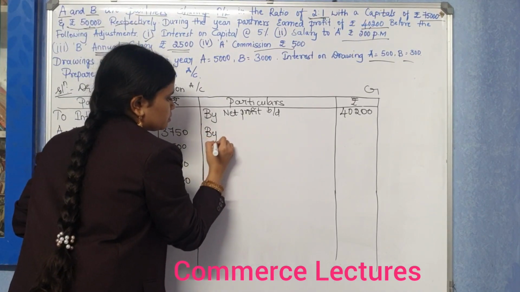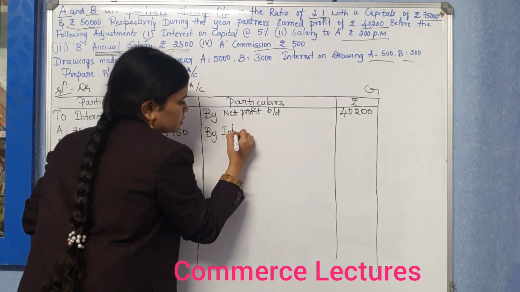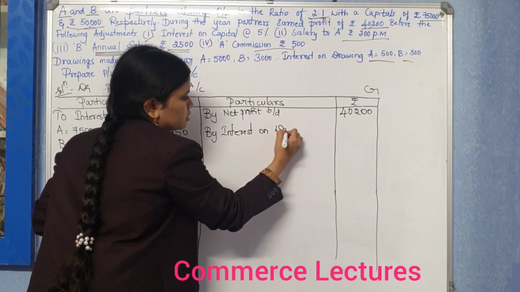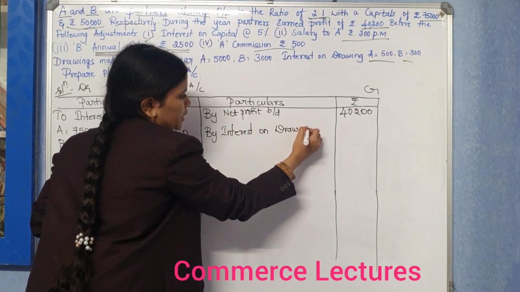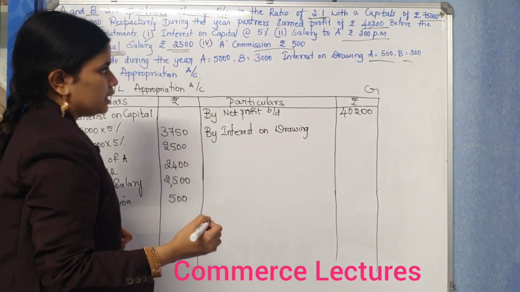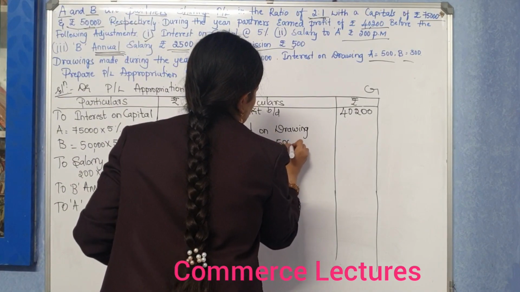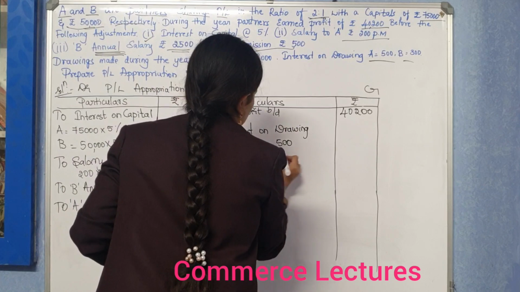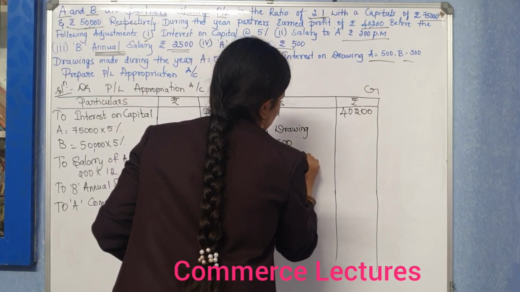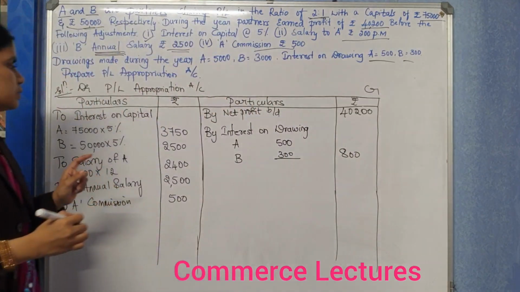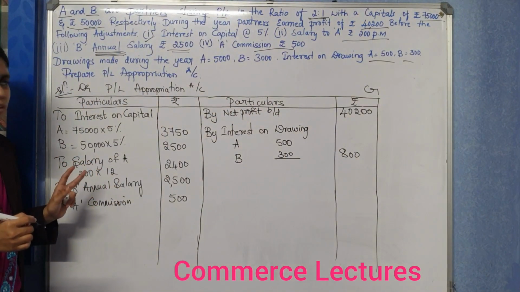By interest on drawing, A 500, B 300, total 800. Okay.